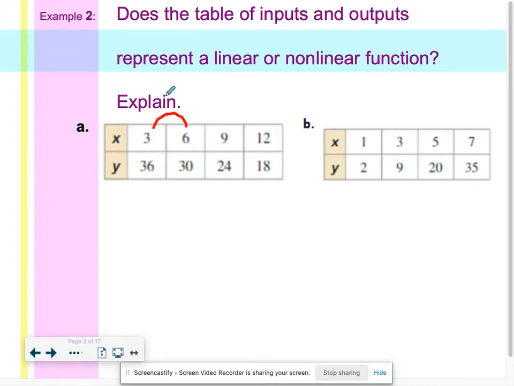We're going by 3s, right? Yep. Okay. So that's constant. Now we can see what our y's are going by. Going down by 6. So it's constant. So it's a linear function.